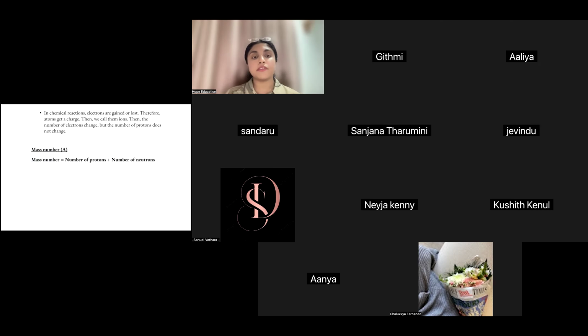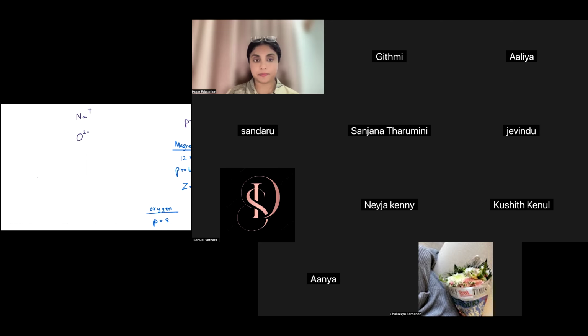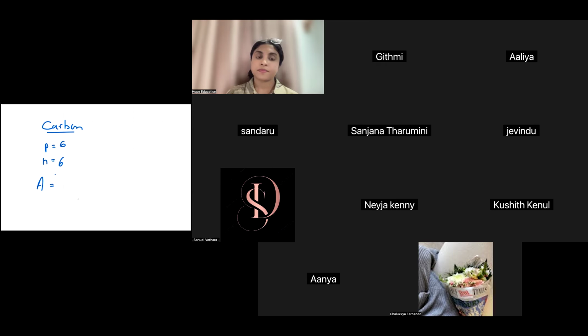So for an example, if you take carbon, let's say a particular carbon atom has 6 protons and let's say 6 neutrons. So what is its mass number? Twelve. Yes, because protons plus neutrons, 6 plus 6, we get 12.